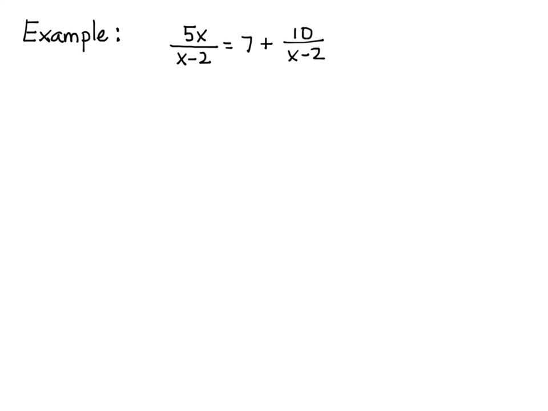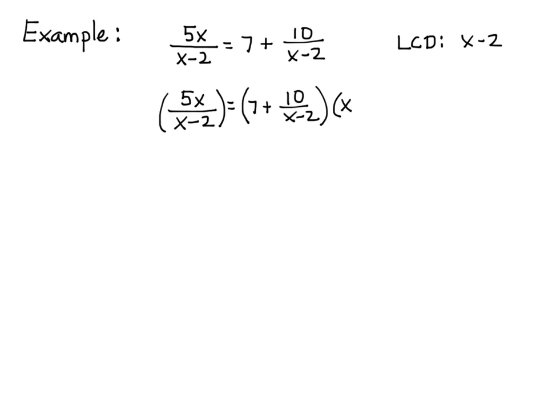The other way has to do with domain restrictions. So let's do this one in the conventional way. The LCD is x minus 2, so I'm going to multiply both sides by x minus 2. And so I get 5x on one side, and 7 times x minus 2 plus 10.